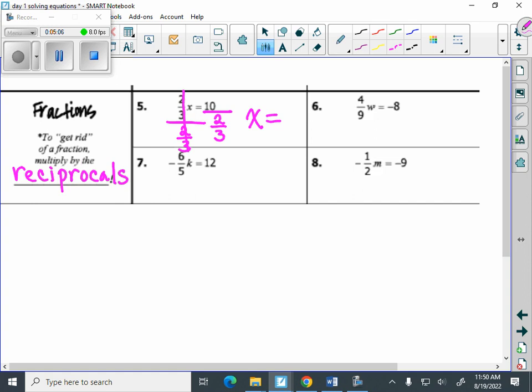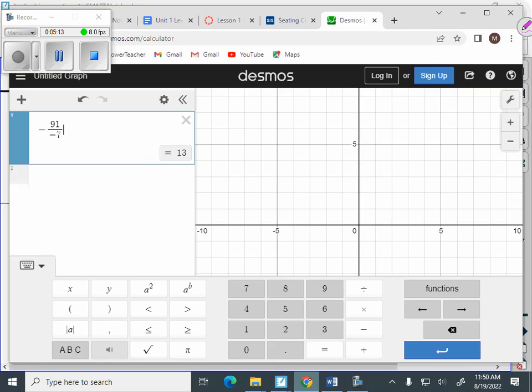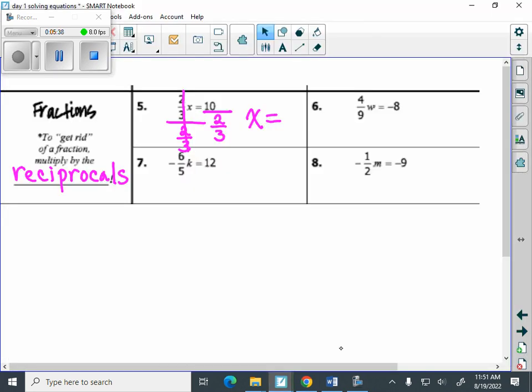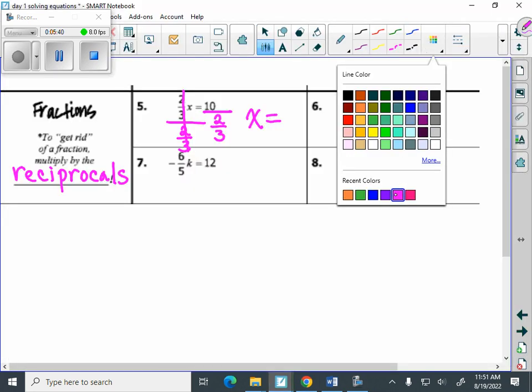Then we can flip over to Desmos and do 10 divided by 2/3, which gives us 15. Desmos does a lot for us. And again, we end up with 15.